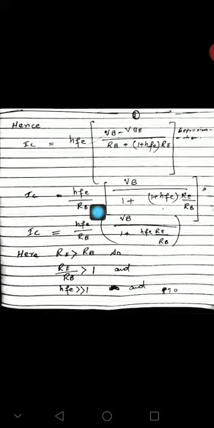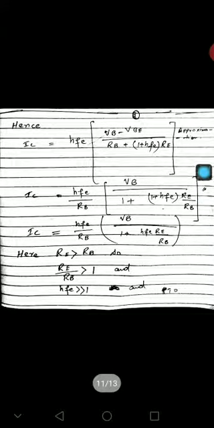As base resistance increases, IC decreases. Here HFE is in the numerator and denominator as well, so HFE has the least effect on IC, while RE over RB has utmost influence over IC.